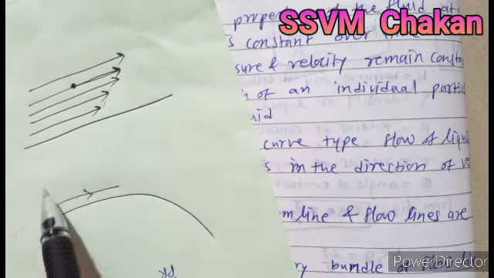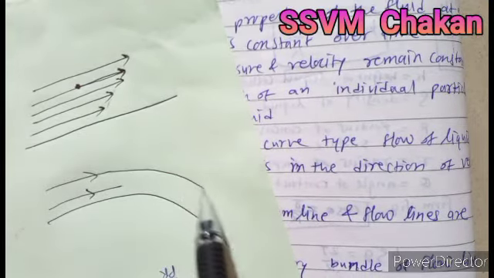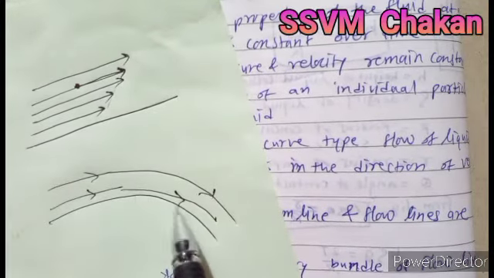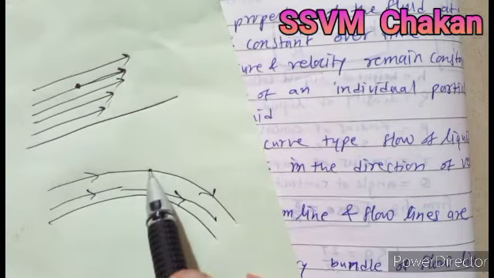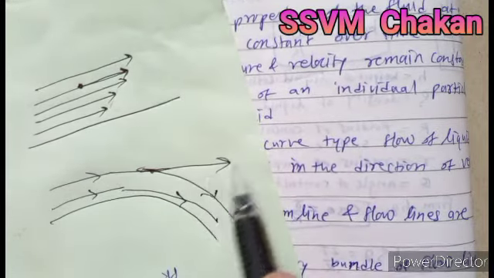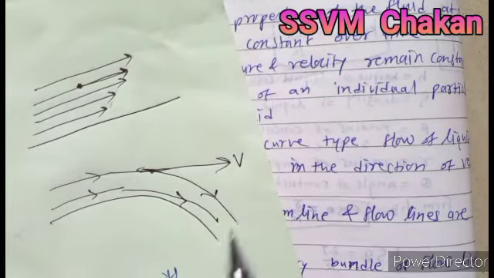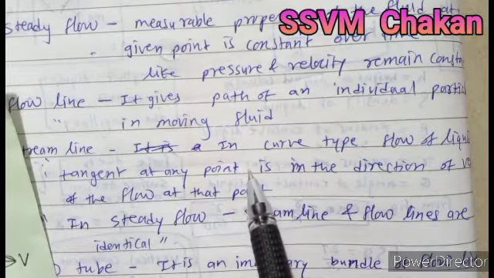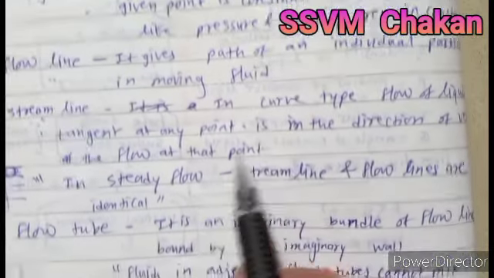This is the path, and here it starts falling downward, taking a curved path. At this point, when you draw the tangent, this tangent gives you the direction of velocity, and that line is called a streamline.